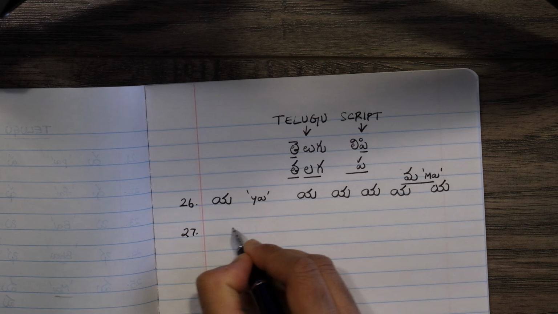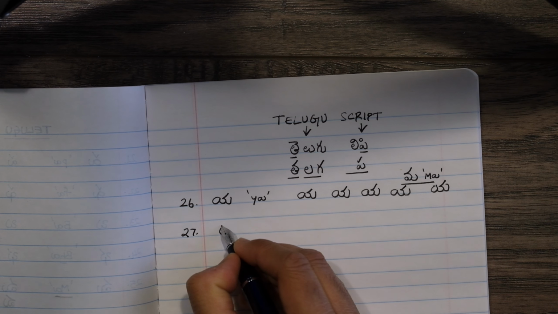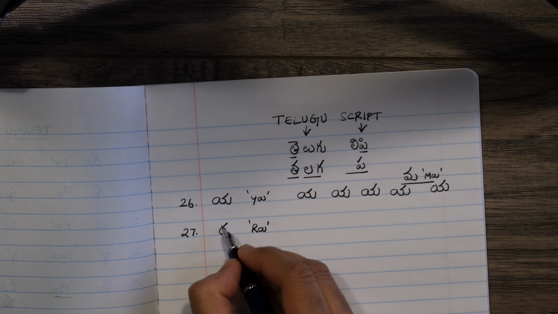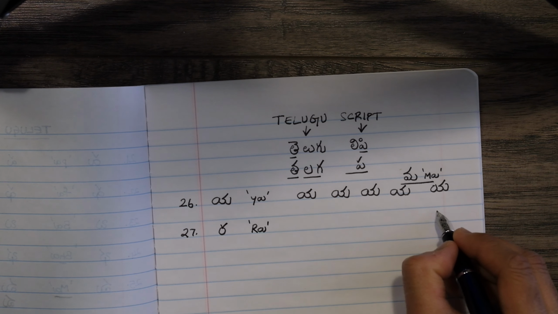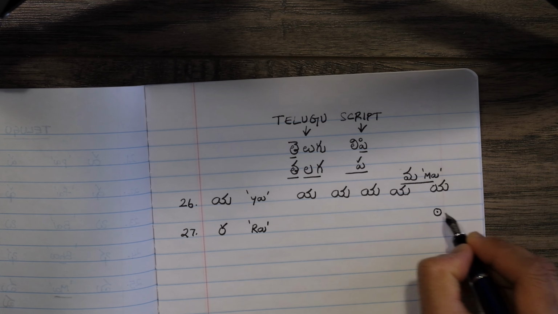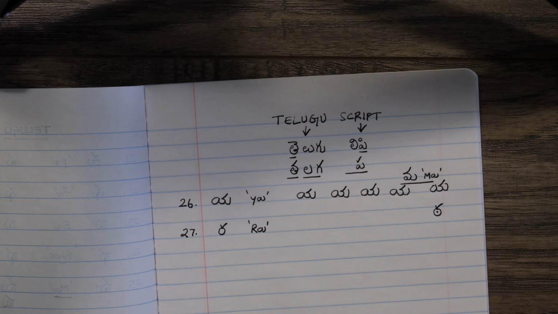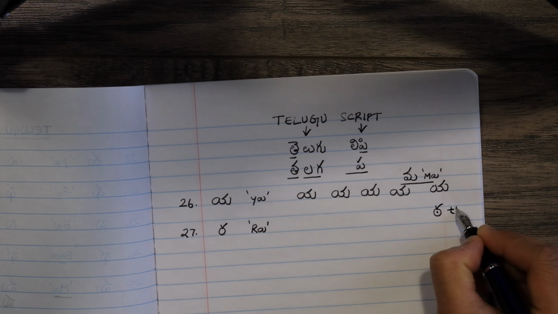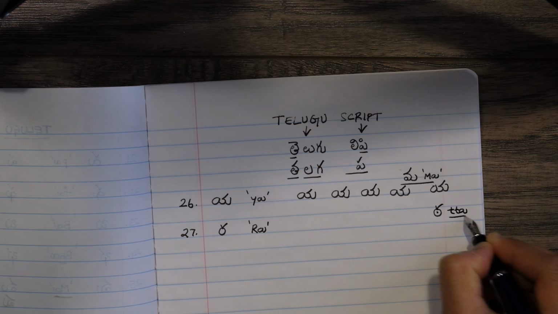After ya, it is ra. Ya, ra. R-A, right? There is one more resemblance here, which is tha. From the last class that we have discussed, ta, tha, da, dha, na. When you put a dot, this becomes tha, right?